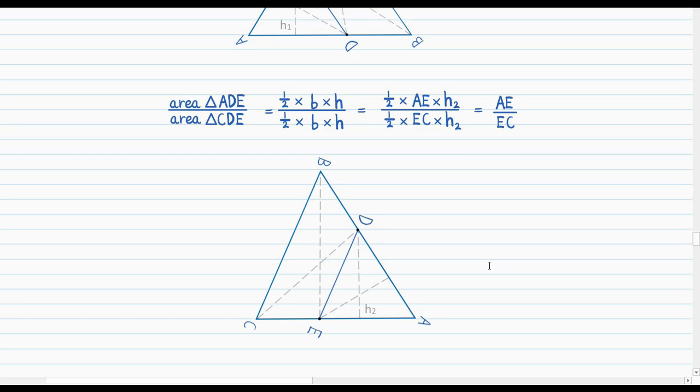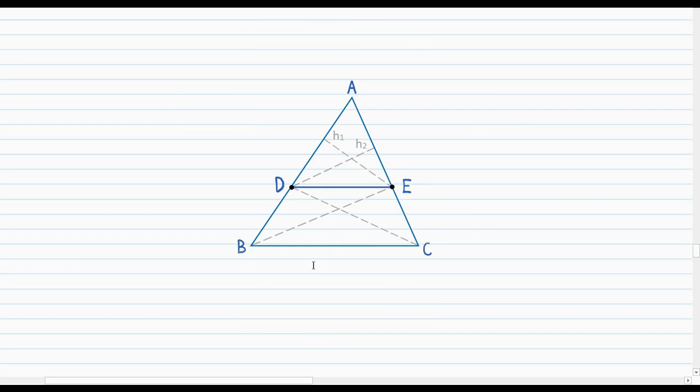Then for the next step, I'll need to use the same diagram but in its original orientation where A was at the very top. There we go. And looking at this diagram, since as defined at the beginning, we drew the line DE to be parallel to the line BC, we know they're parallel.